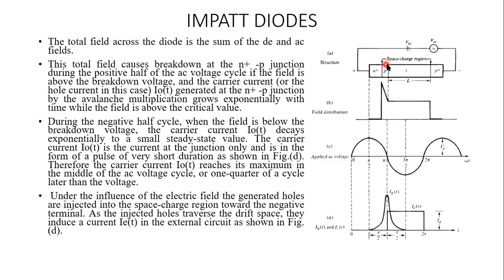So this is called the space charge region. And since the electric field is uniform, it is also called the drift region. Under the influence of this electric field, if any charge comes, it will move. If the charge moves under the field, we call this the drift velocity of the electron. So that region is called the drift region, or space charge region. Here there is no charge in this region.